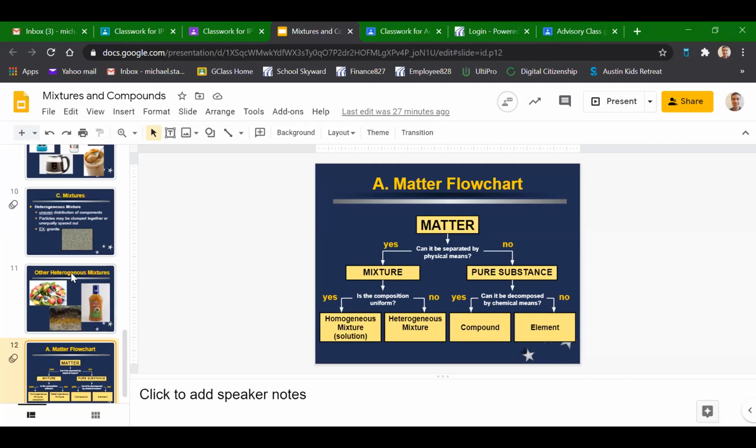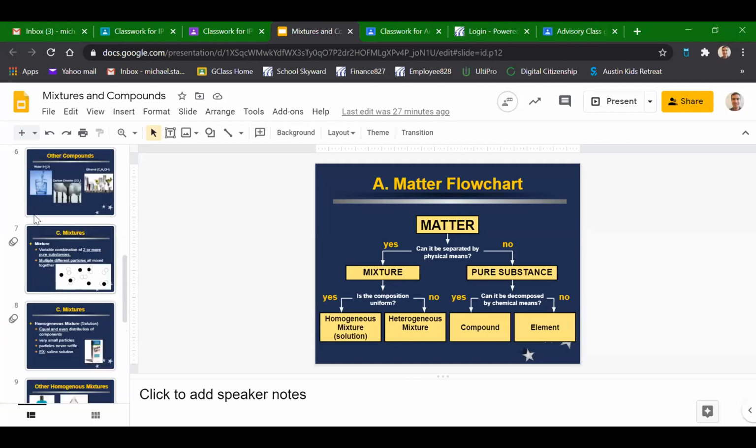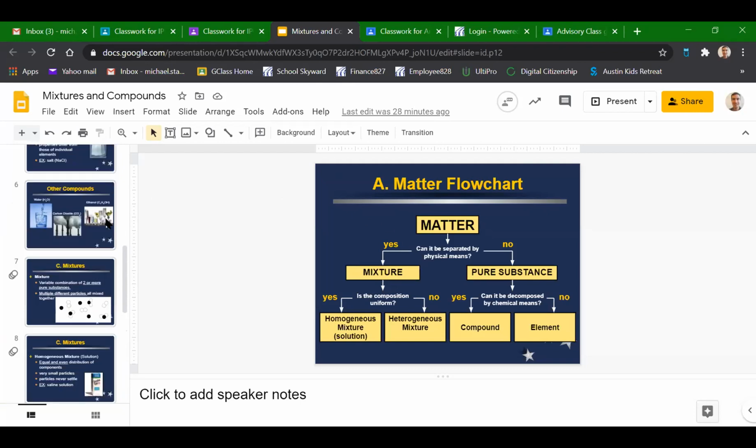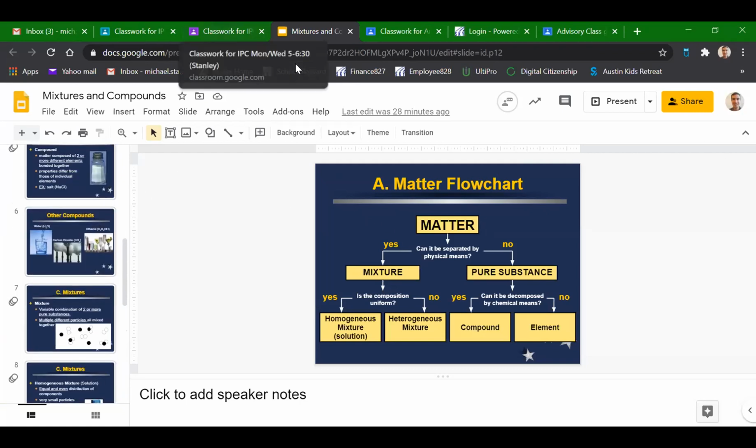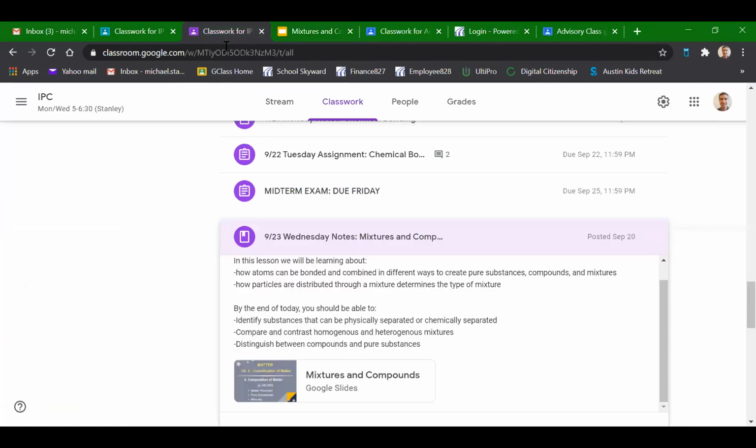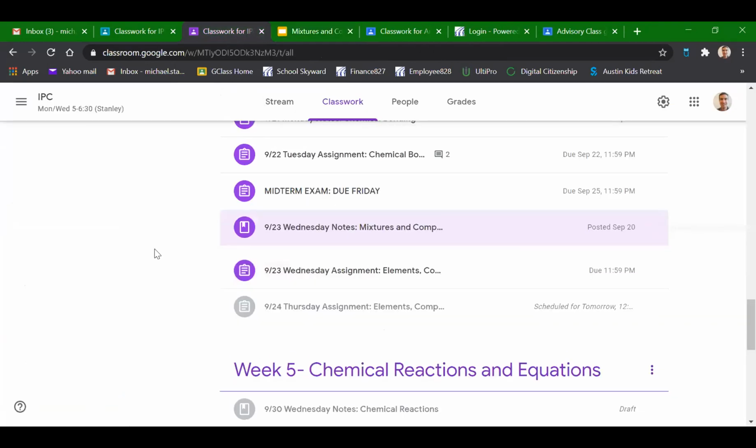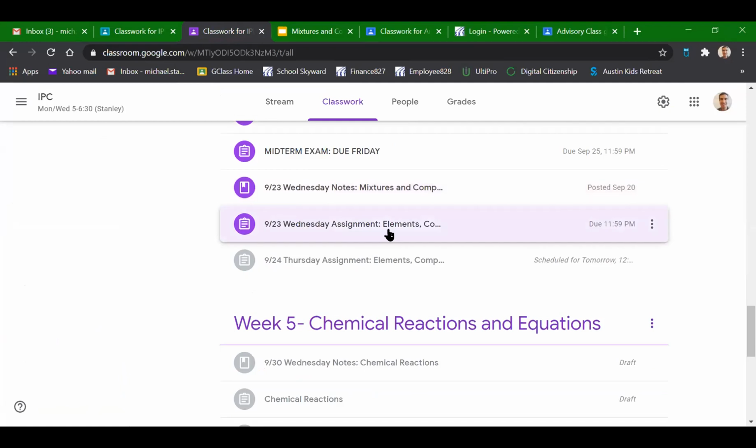Alrighty, so there's actually two assignments that are going to be based off of the notes for today. But like I mentioned on Monday, since you guys are also working on your midterm this week, these assignments are both pretty short to make it a little bit easier on you.